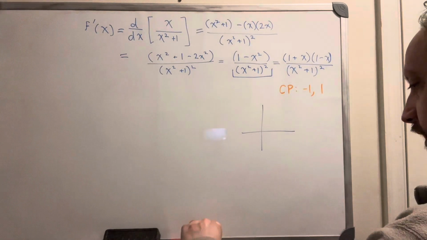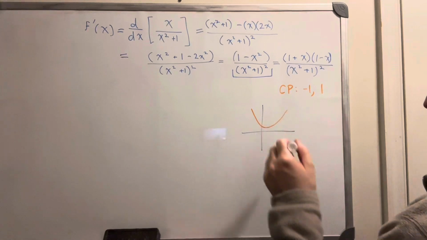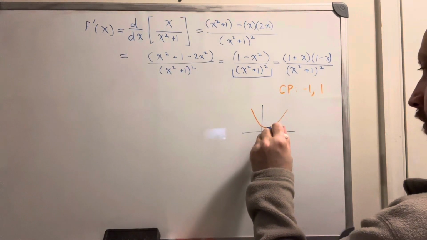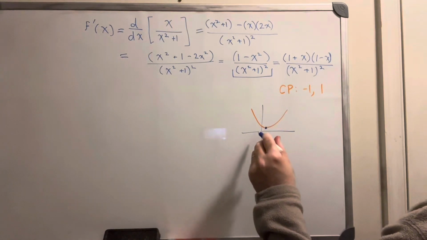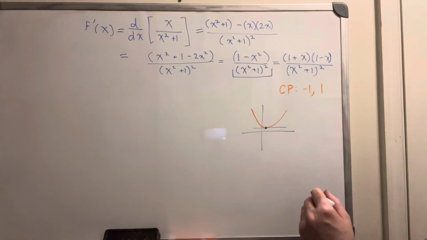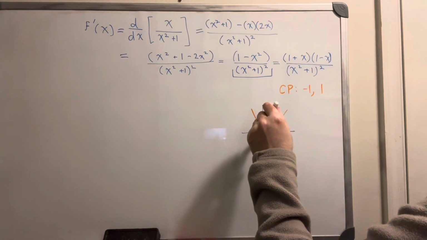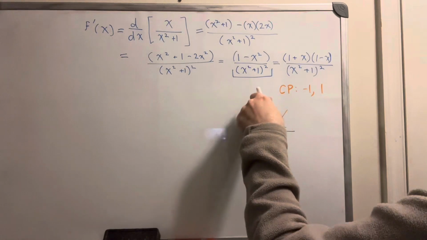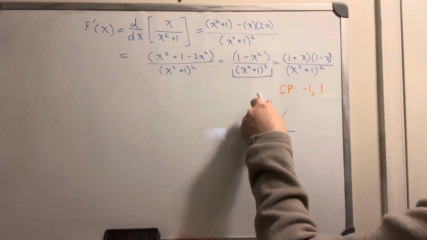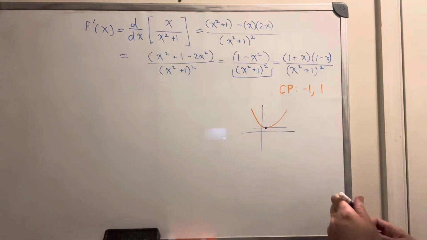A function with, say this function has a local minimum. A local minimum right here. So you can tell at this point the tangent is 0. At points right before the tangent, 0 being 0, it's negative, and then afterwards it's positive.